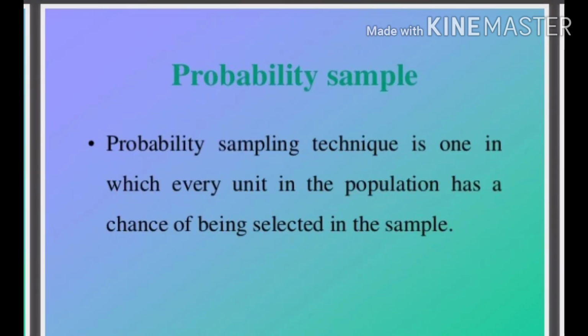Probability sampling. Probability sampling technique is one in which every unit in the population has a chance of being selected in the sample.